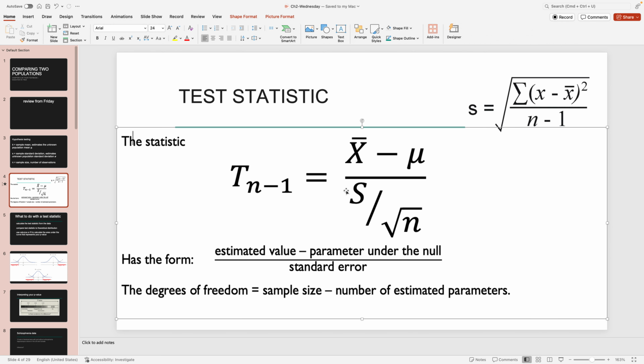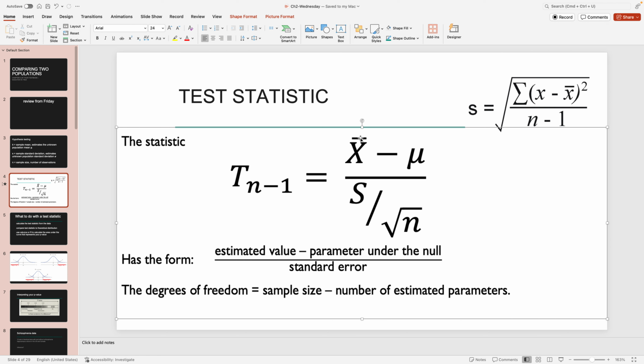This has a pretty standard form that's familiar with test statistics. That is the estimated value, which is the sample average here, minus the population mean or value under the null, divided by the standard error. The standard error of the sample mean is S over root n. Let's just talk about the heuristic here.